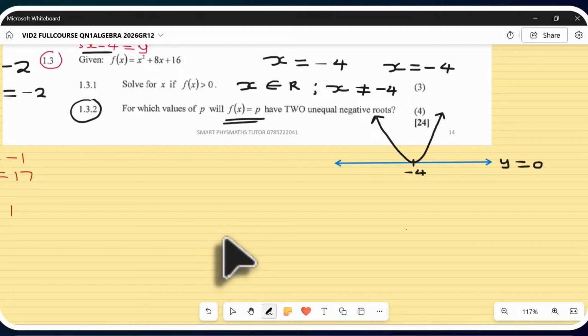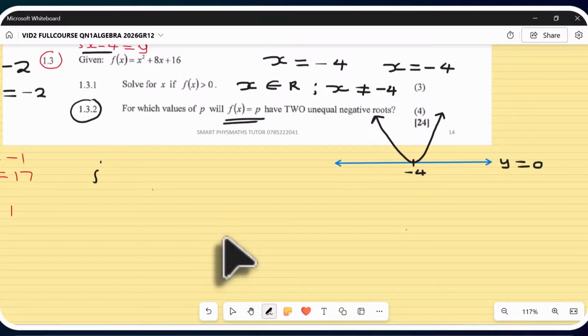In other words, b squared minus 4ac, where our a is 1, and our c is 16 minus p. That is for the two real roots which are unequal.